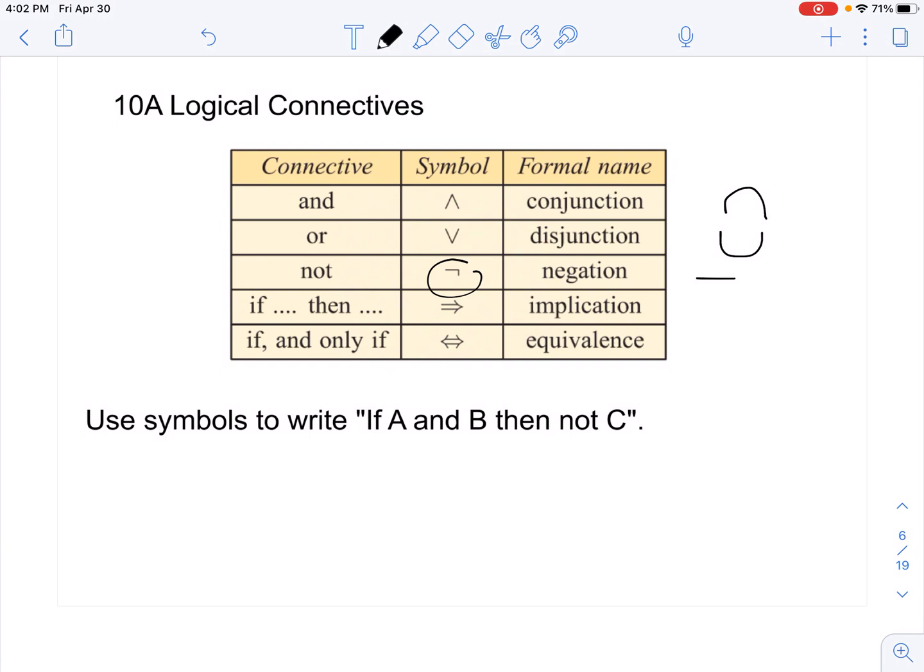And the double arrow means if P, then Q. And the double arrows mean if and only if, or equivalence. So use symbols to write if A and B, then not C. A and B implies not C. So I could write it like that.